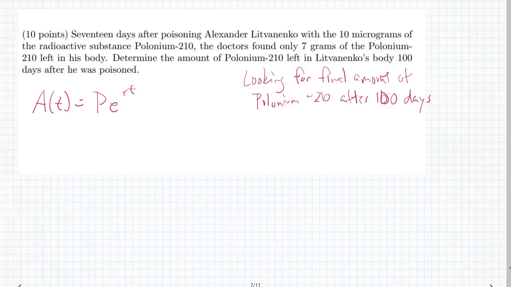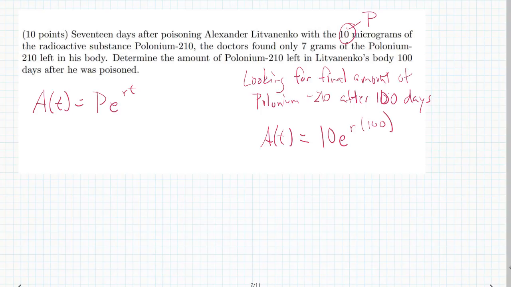Okay, so when you look, you might say, well, we can start plugging and chugging, right? So we have A of t equals, so notice the 10 micrograms, that's the initial amount, so that's the P value, so 10. E is just a number, it's 2.71828, and so on. And then we have an R, and then we have 100.